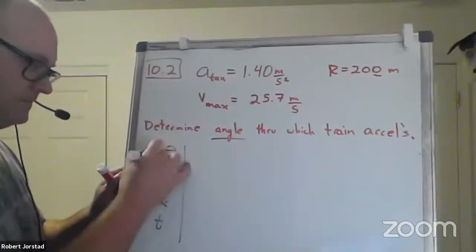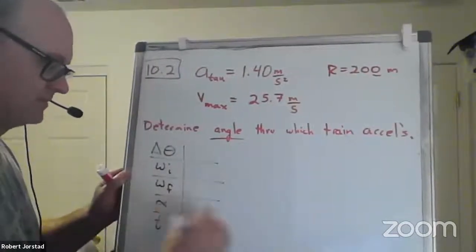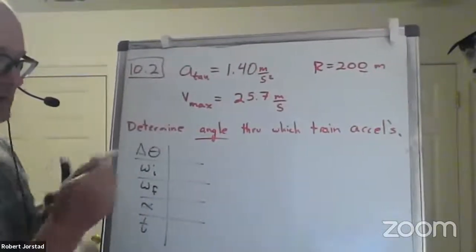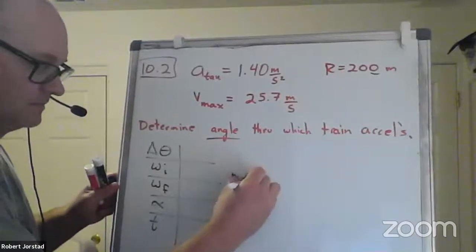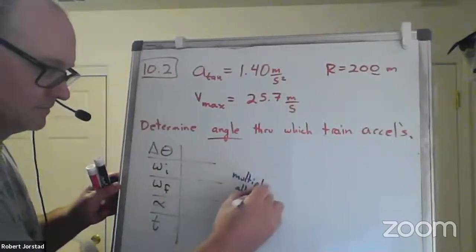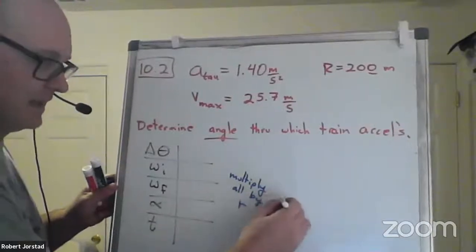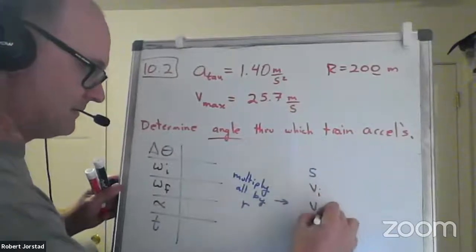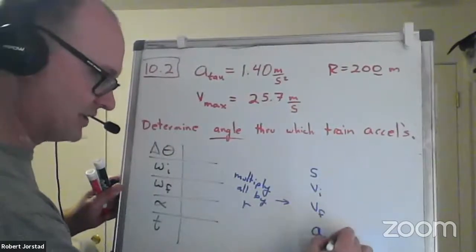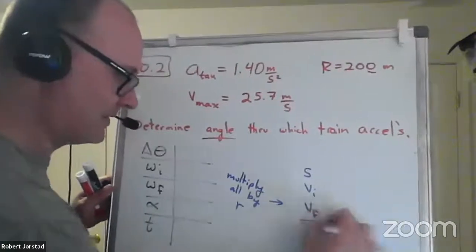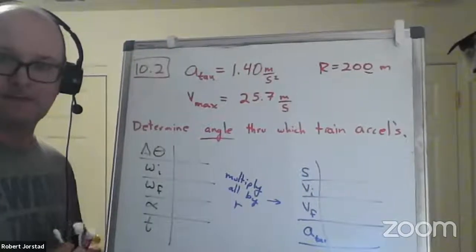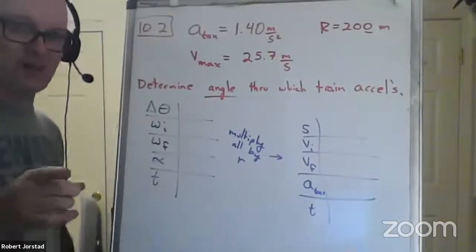Now, do you agree we could multiply all these by r and get S, V initial, V final, A tangential, and time? That's a weird step, but you could also do it that way. Do you agree? I didn't know that, but now I do. Now you do. And I want to point out, which way do you think is wise for this problem?